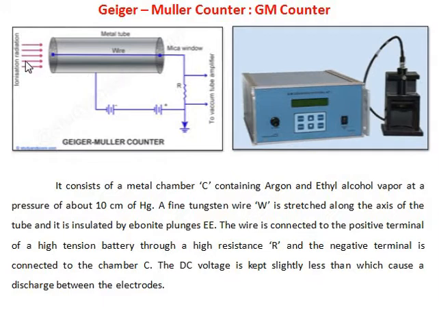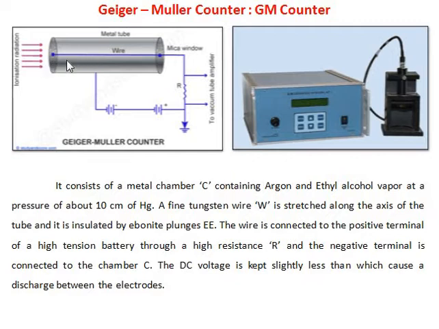When a charged particle such as a beta particle enters this chamber, initially it gives its energy by interacting with the atoms of the gas. But the energy of the beta particle is insufficient to make an ionization. Therefore we apply a threshold voltage to these gas molecules, where the atoms are excited to that level.